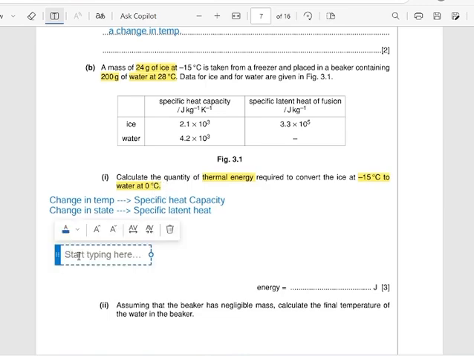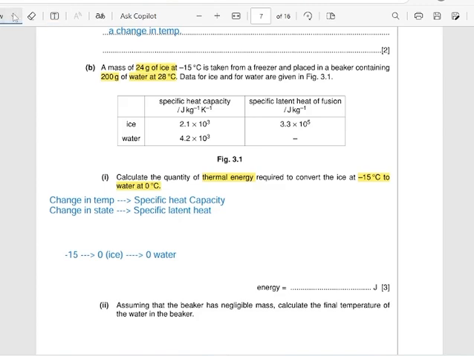To make it simple, initially we had minus 15 degrees Celsius ice, and then it converted into 0 degrees Celsius ice, and then into 0 degrees Celsius water.